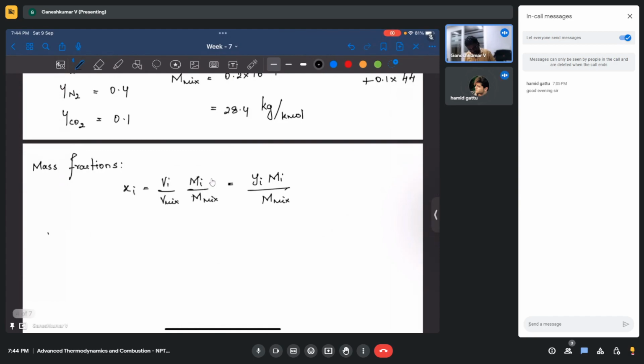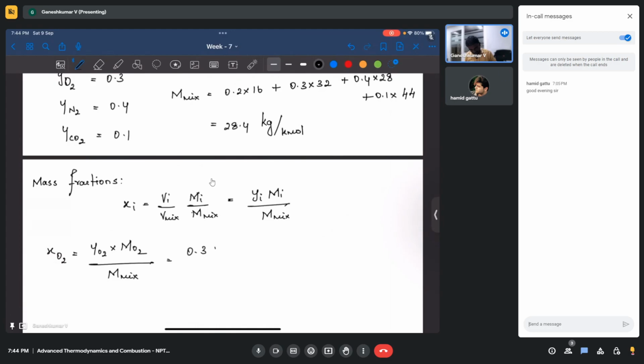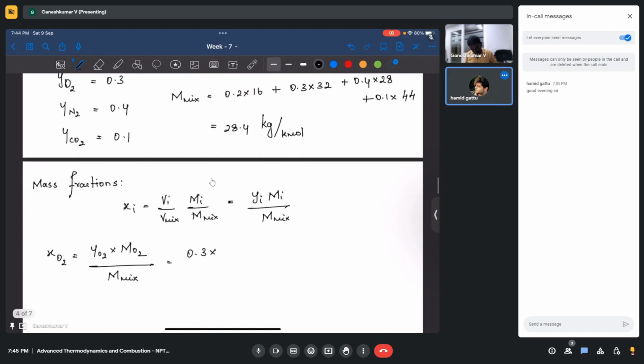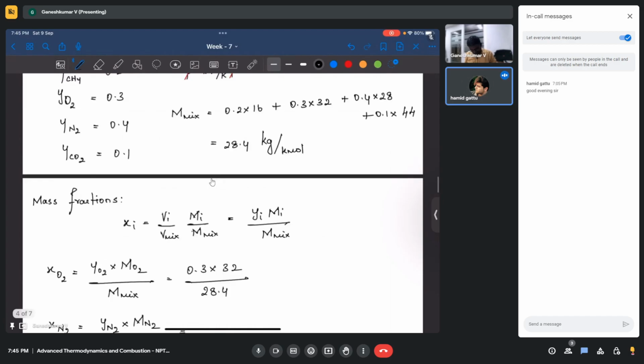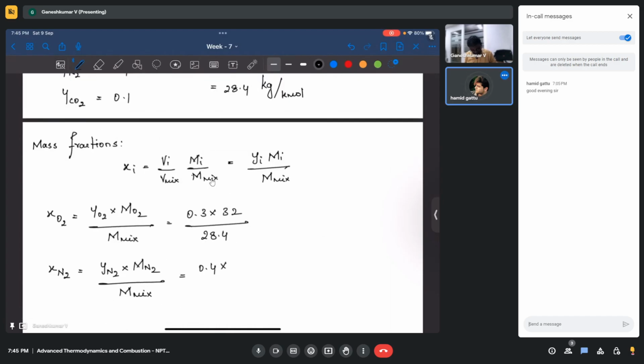If that is the case, we can find XO2 to be YO2 MO2 over M mixture, then the same for N2, divided by 28.4.